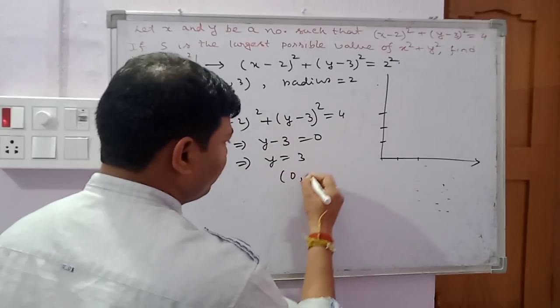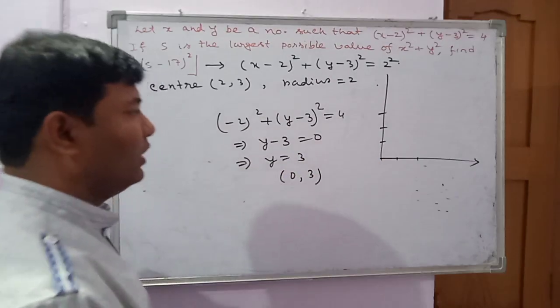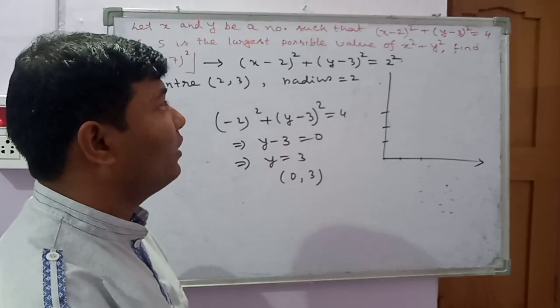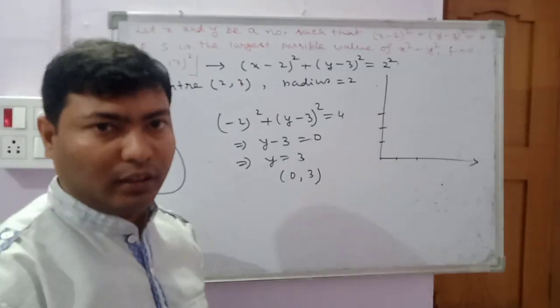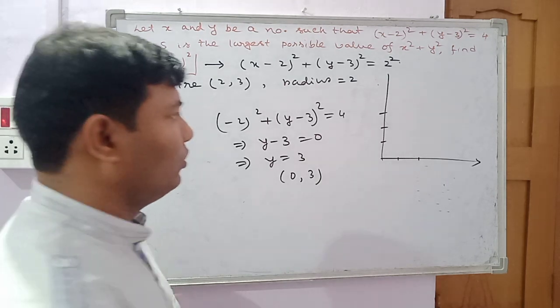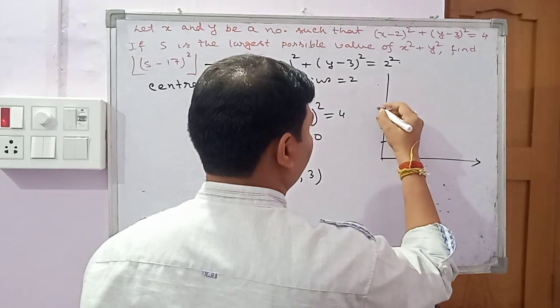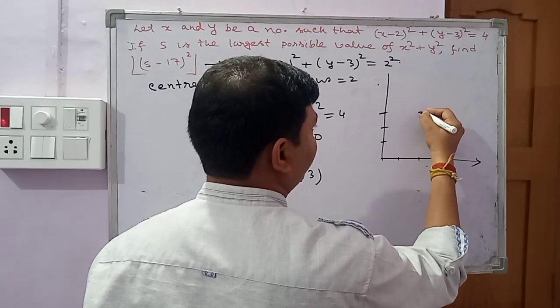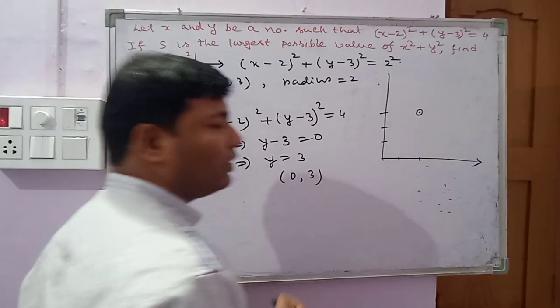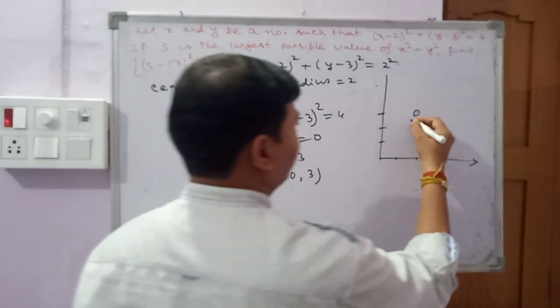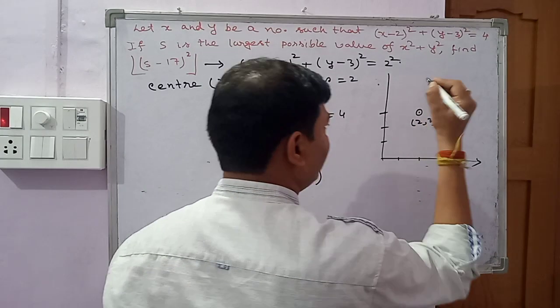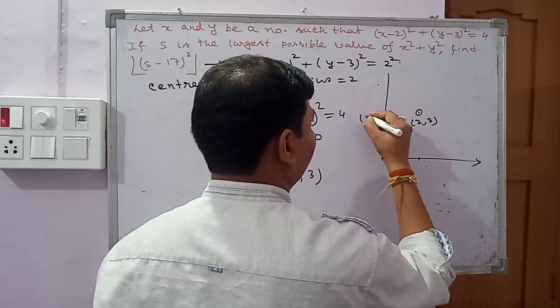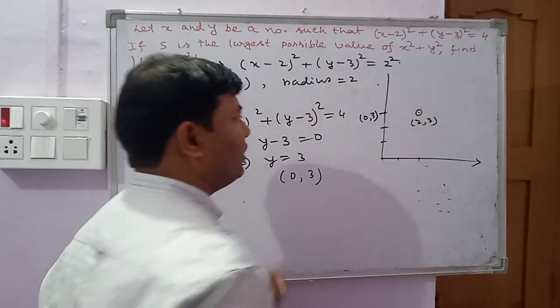So x equals 0, y equals 3 is a point on the circle, and its center is here at (2, 3).